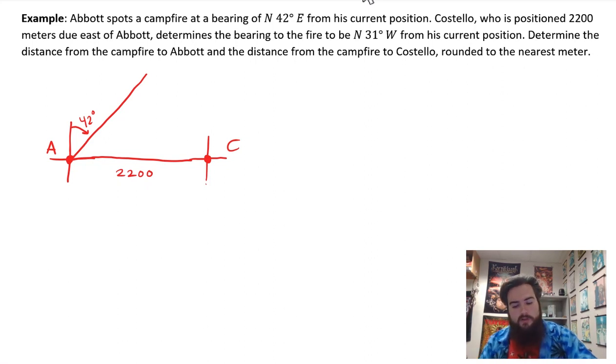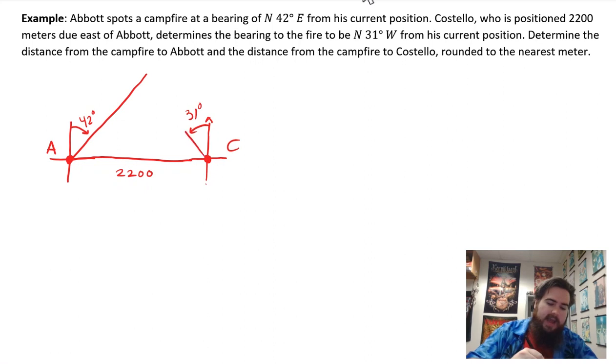So I'm going to draw another little coordinate plane at the position for Costello. And from north, turn 31 degrees west. And then that is the direction of the fire. So I have the fire up here. That is where the fire is.